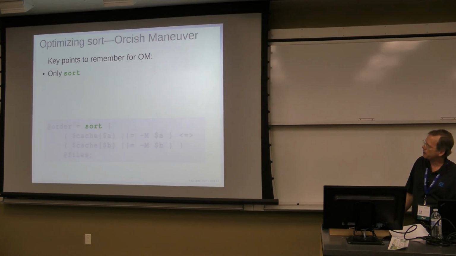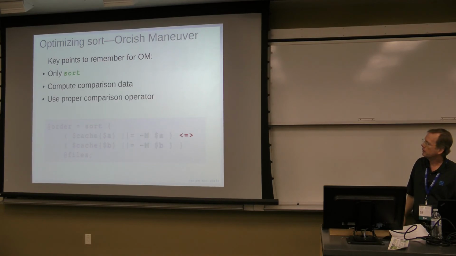And the key here is that you only have a sort. You don't have a map sort map. And your test and the compare. Orcish would probably be quicker if there were a lot of dupes, right? Yeah, if there are a lot of duplicates, it's going to be faster. That's a good point.